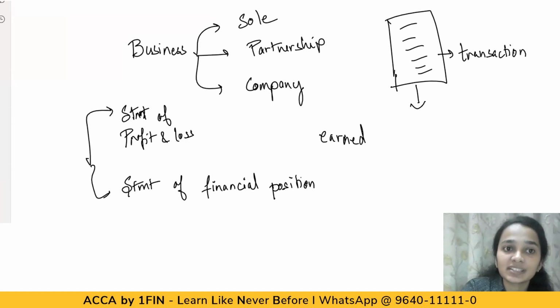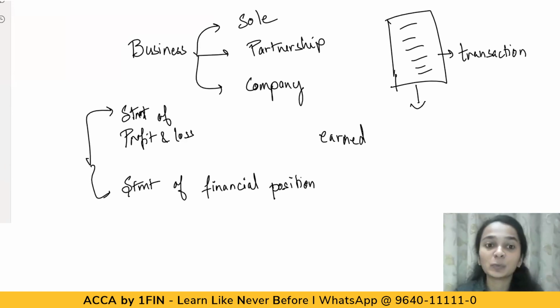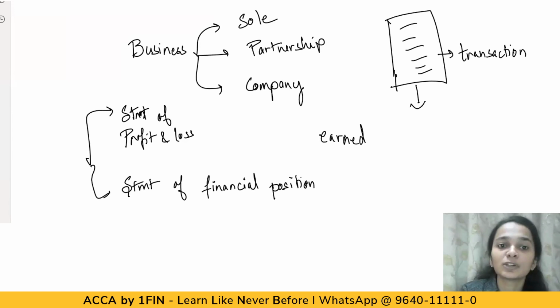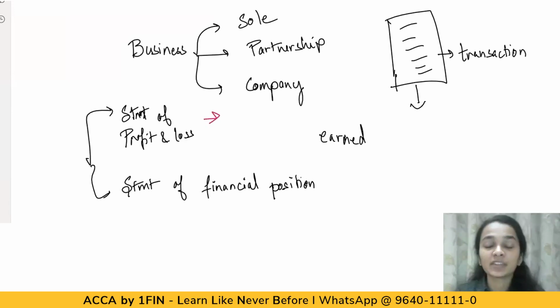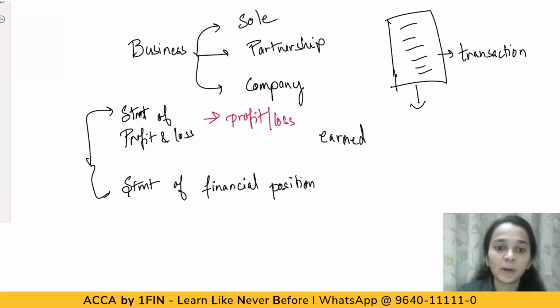Now, what do we understand from these statements? The statement of profit and loss basically gives us the amount of profit or loss which we have made during the entire year, whether we've made a profit or a loss as a result of the business.